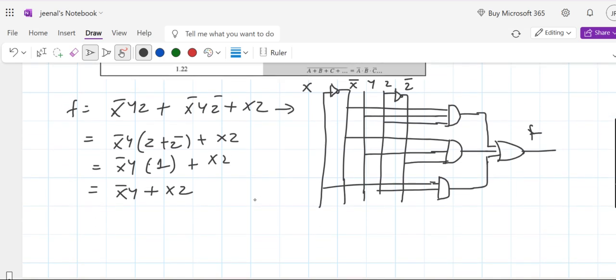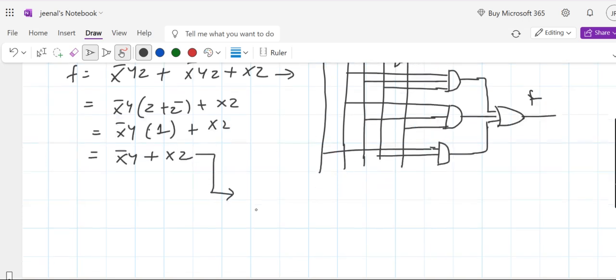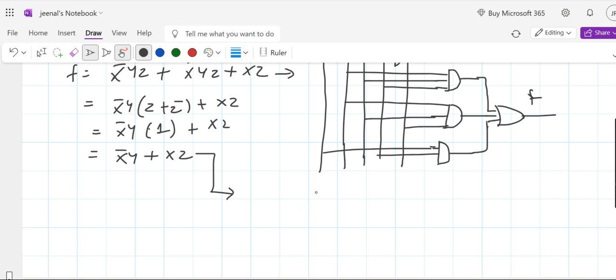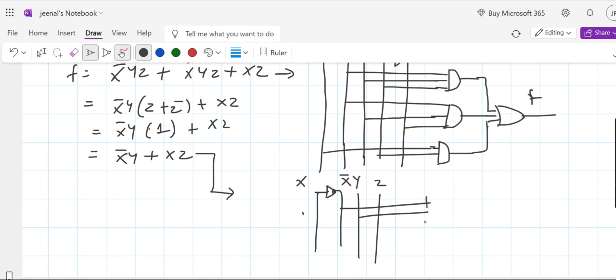If I implement the same function with a reduced form of the equation, let's see how many gates are required now. I have x. I need an x bar. I have y and I have z. So the first term of the equation is x bar into y. Then we have x into z.